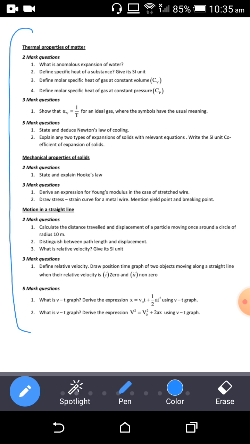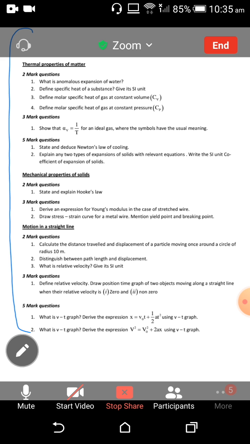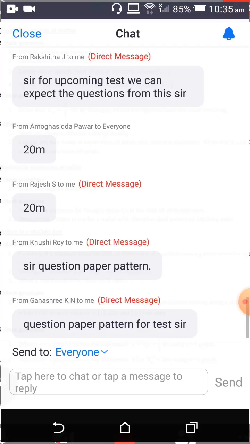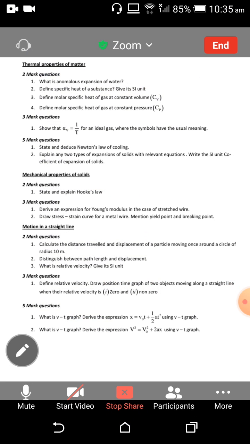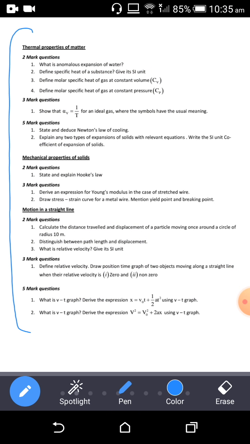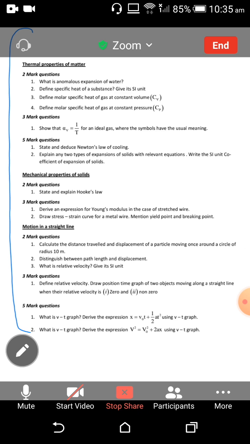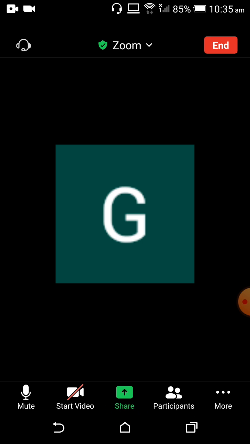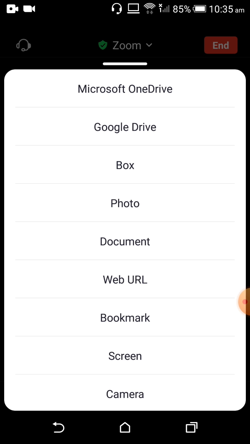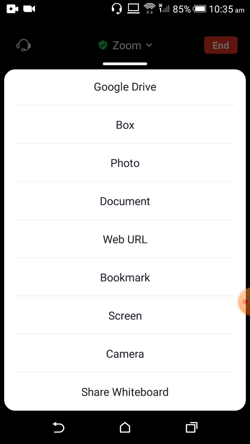Yes, coming to the question paper pattern. See here, I have not highlighted the one mark questions. For one mark questions, you need to go through the notes and textbook itself. So I'll highlight the question paper pattern.